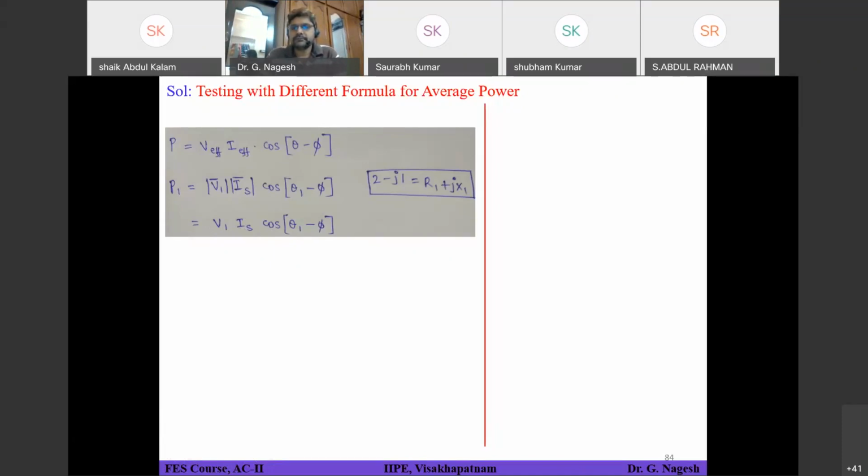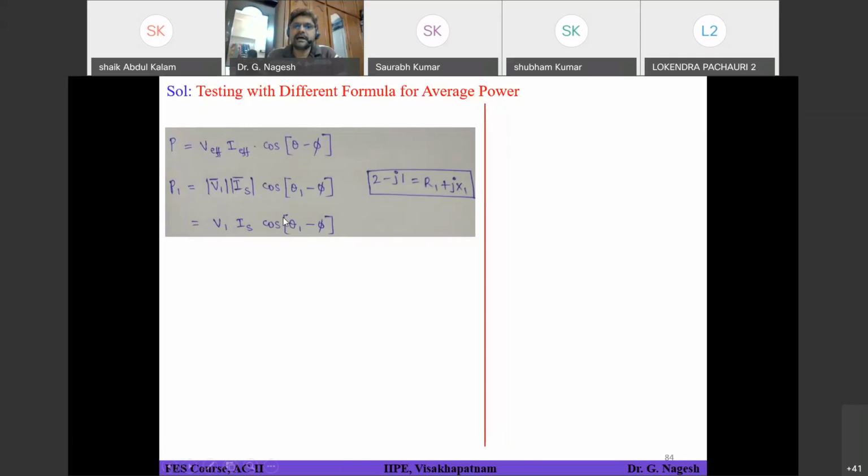We have just now seen what power factor cos of theta minus phi is in terms of R and Z. So try to write cos of theta 1 minus phi in terms of R and Z. What will be that expression? I am asking for the expression, not the value.